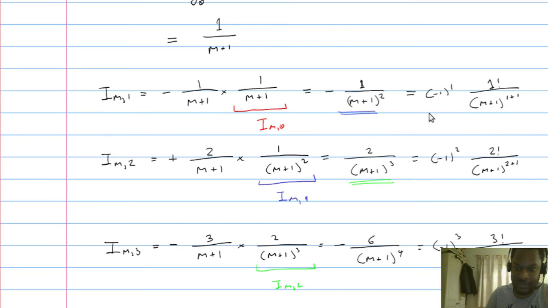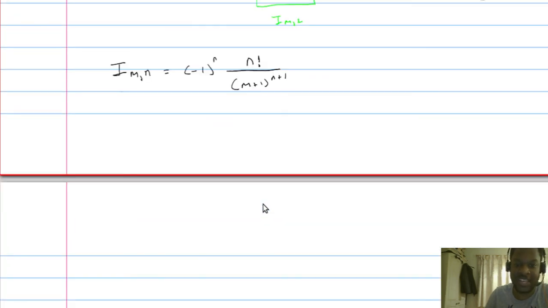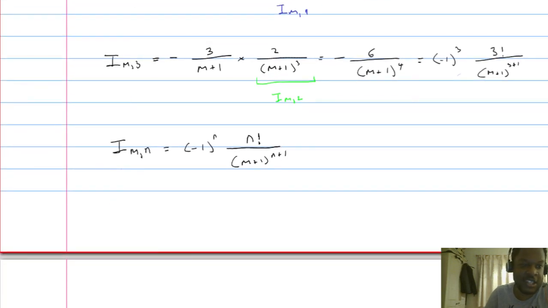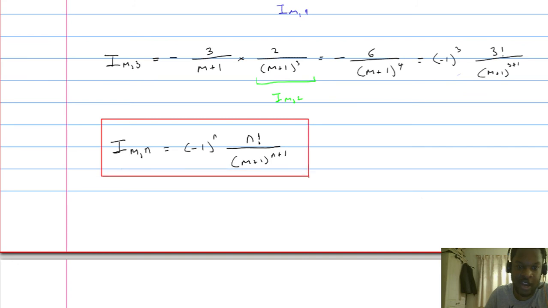So maybe we didn't even need to do all this work. If we'd been a bit more clever, but perhaps I'm not that clever. Whenever I do these problems for the first time, I always have to write tables out like these and do the comparison and see what happens. So really here, we can box this up because this is our first integral. We have I_{m,n} is nothing other than minus 1 to the n times n factorial divided by m plus 1 to the n plus 1.